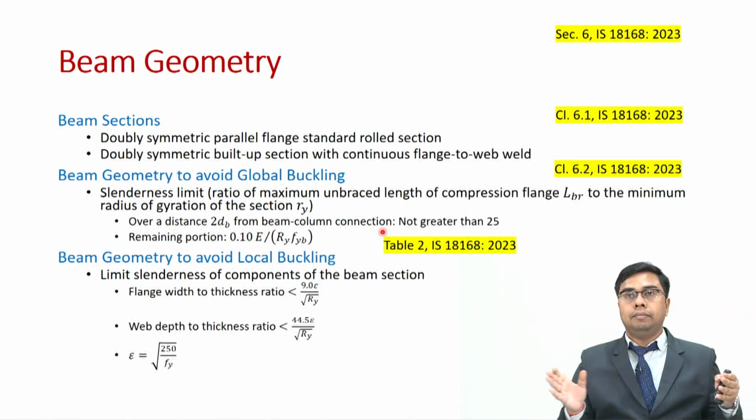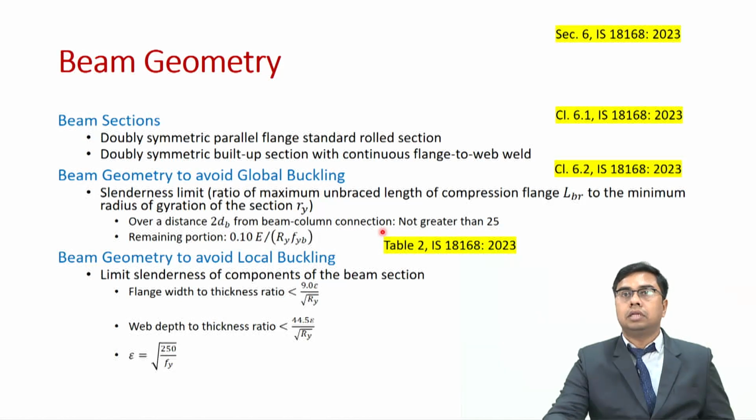In the remaining beam, apart from the 2d_b at the ends, we can have the slenderness ratio going all the way up to 0.1E divided by Ry Fy-b. We have learnt about Ry in this week, where we have mentioned that it is the material uncertainty factor in yield strength, and Fy-b is the yield strength of the material used for the beam, that is steel.